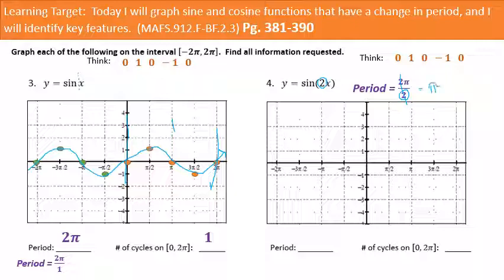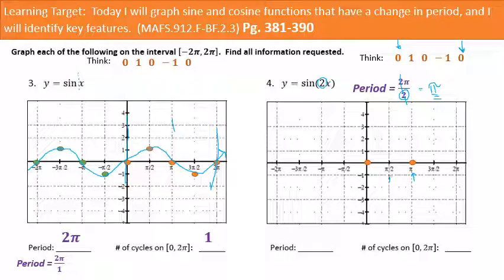So we need all 5 of these points, all 5 of these steps to take place between 0 and 1 pi. So what I do is I think about my first step, which is at 0, and my last step, which is at 0. And I graph those first. The first one I put at 0, the second one I put at pi because that is the length of my period. Then I find the middle distance in between those 2 points.